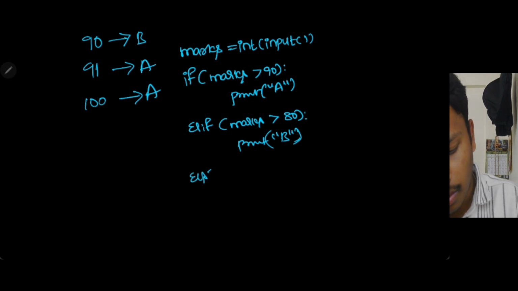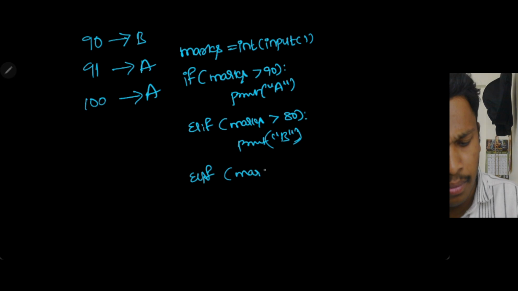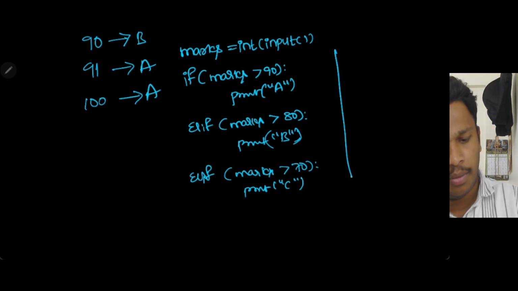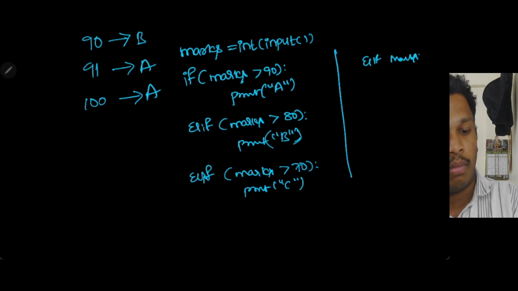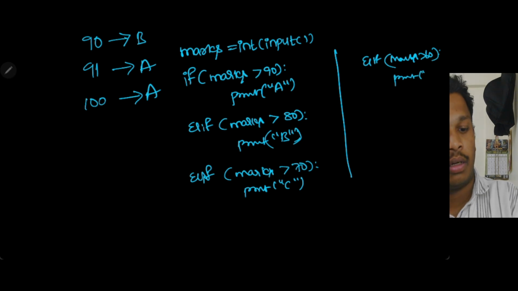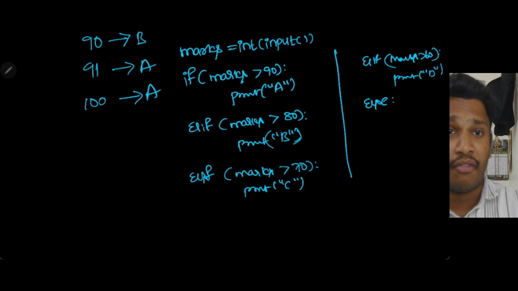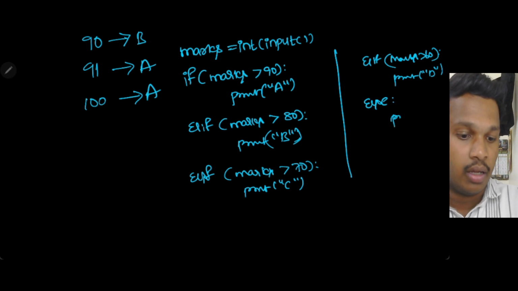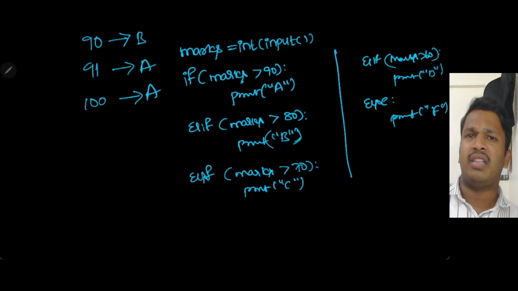Else if marks are greater than 70, we'll print C grade. Similarly, else if marks are greater than 60, we'll print D grade. Else, if all the conditions fail, then we will print F grade.